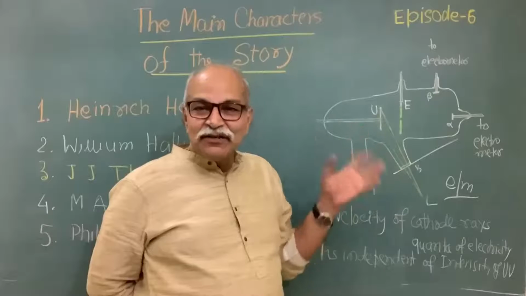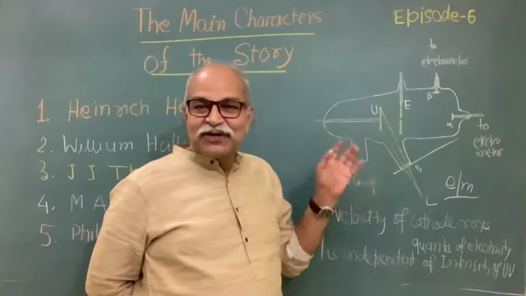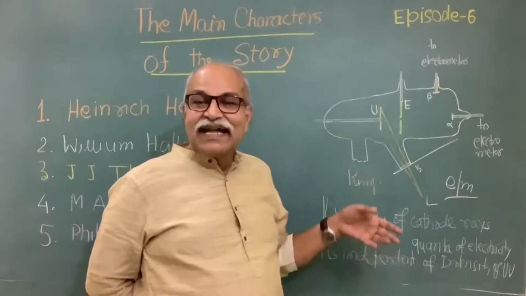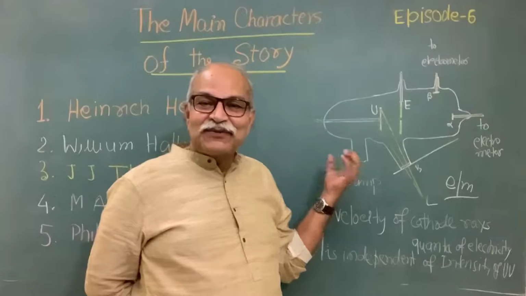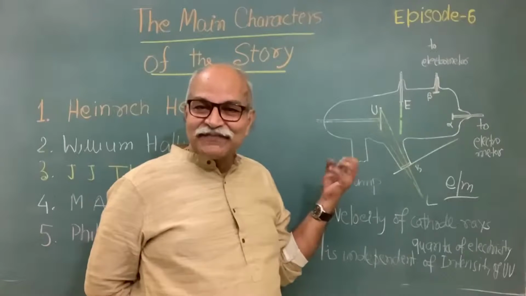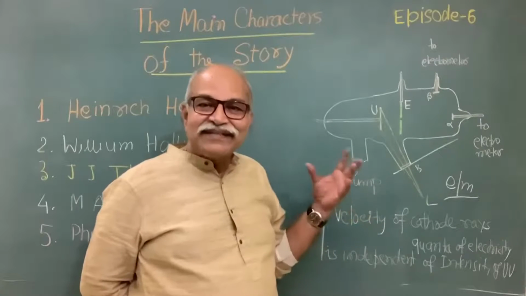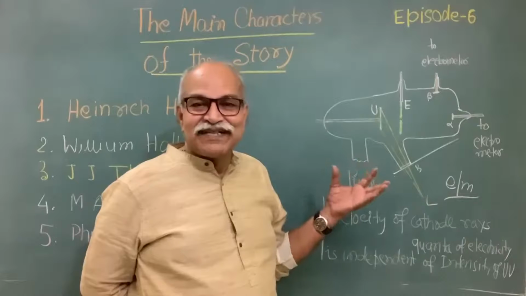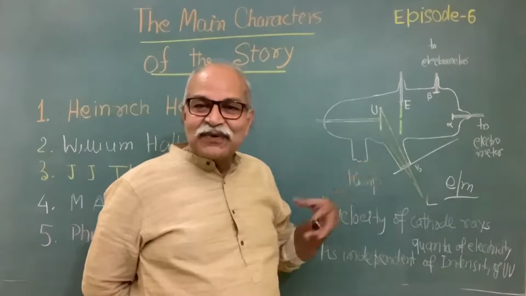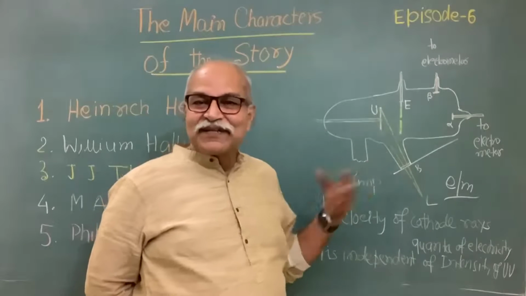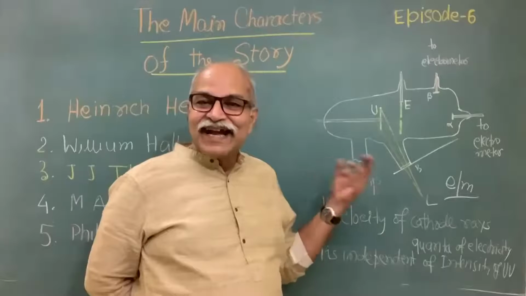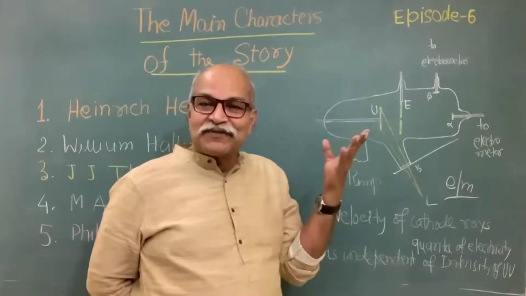If the frequency of vibrations of the electric field and magnetic field matches the frequency of vibration of those quanta inside that atom, some kind of resonance takes place, and then the quanta start vibrating more violently, and then they are able to come out.